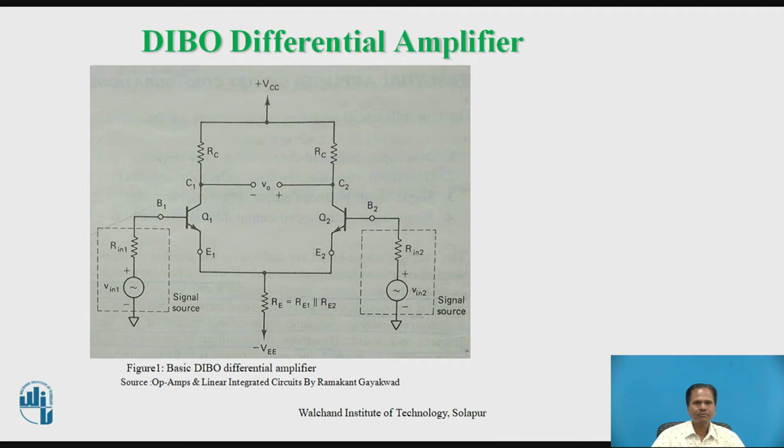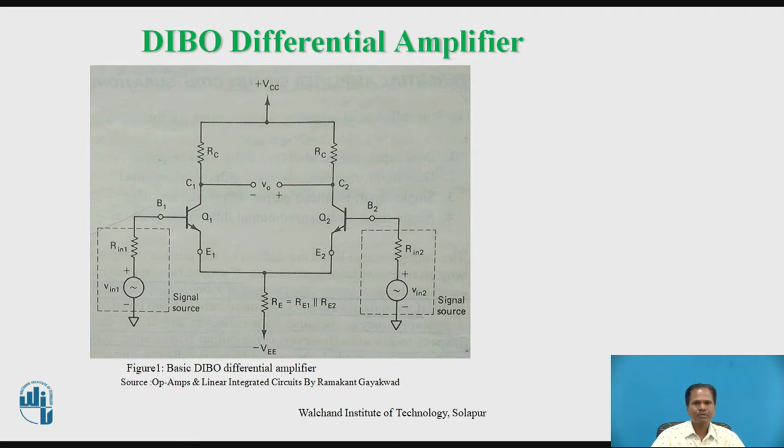Now, this figure shows the circuit diagram for the basic dual input, balanced output differential amplifier. The circuit is designed using two identical common emitter biased transistor amplifiers, using the transistors Q1 and Q2 of the same type.